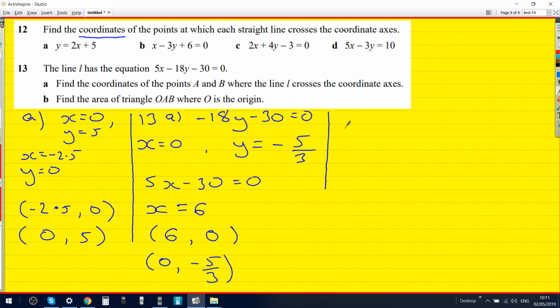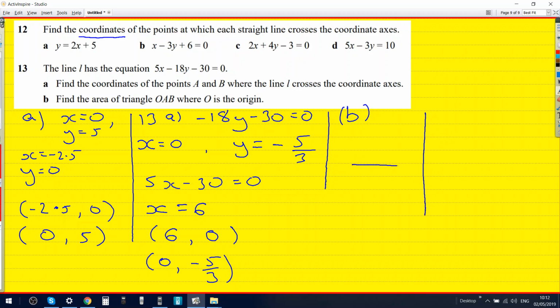Find the area of triangle. I'm not sure. So it really helps to do a sketch.